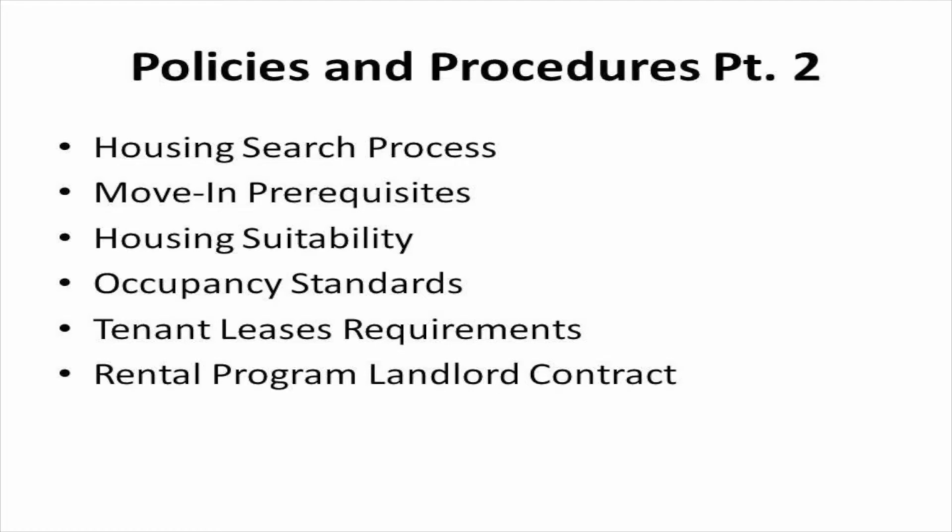Clients should also be informed as to the maximum period of time allowed for locating housing and be provided the applicable unit utility allowance schedule for the area. Additionally, many programs provide a simplified habitability standards checklist to help clients eliminate units that would not pass a HOPWA habitability standards inspection, which is required before signing a lease.